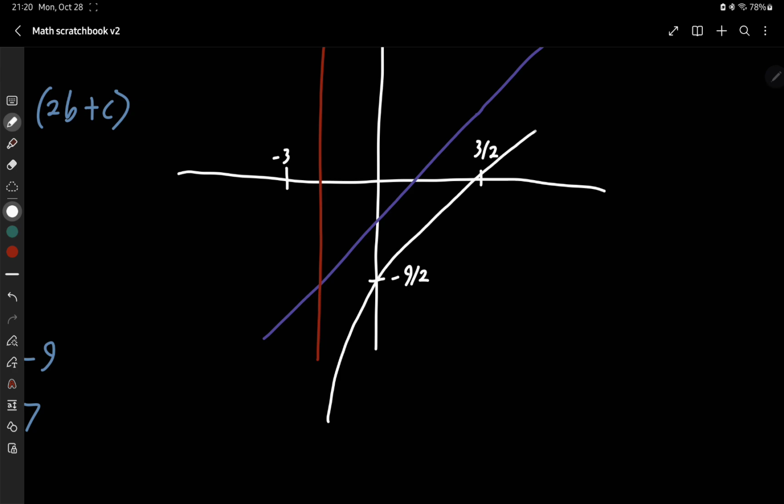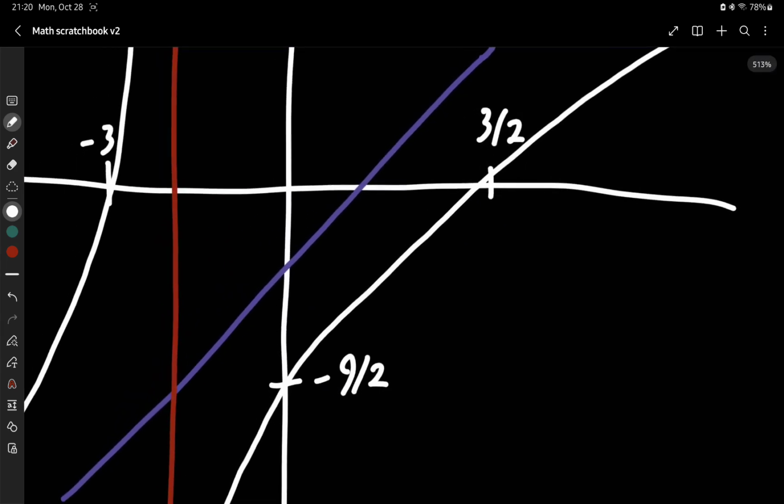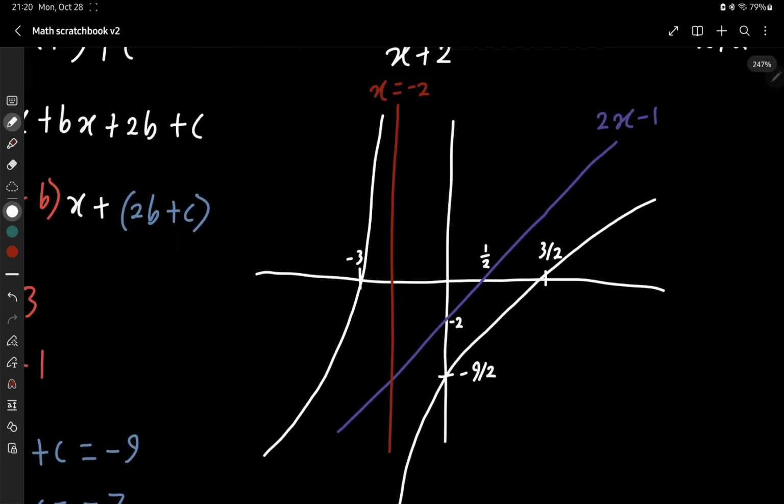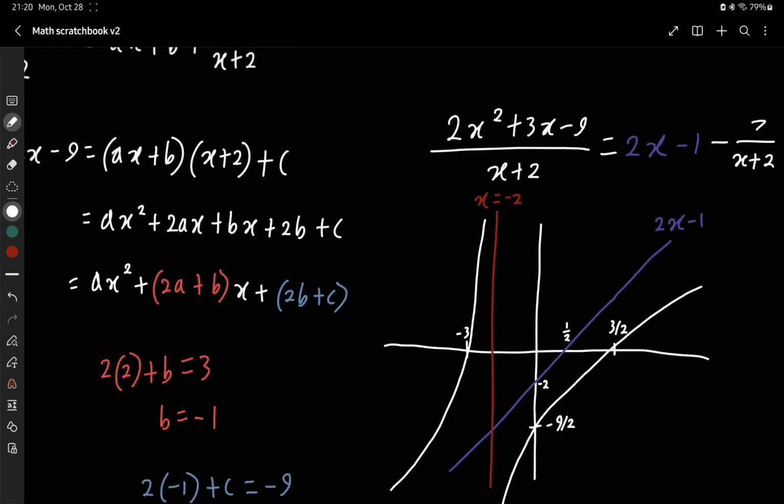So it would look something like that and like that. Again, really bad drawings. But what you can do in exams is just note down the different intercepts you have. So -2, half is here. And so that's pretty much how you graph these functions.